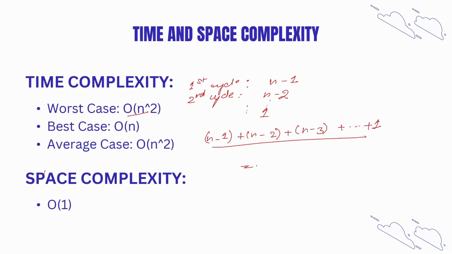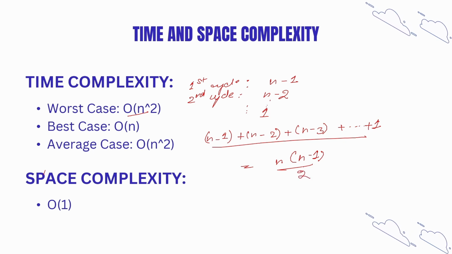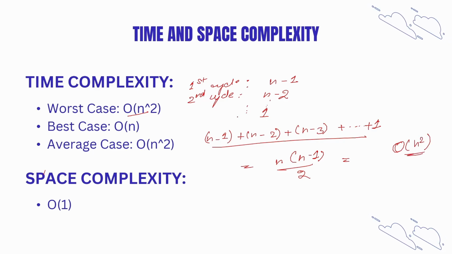So here we solve it, it becomes n minus 1 by 2. So here if we compute it, it will be big O of n square. Okay, I hope this is clear.